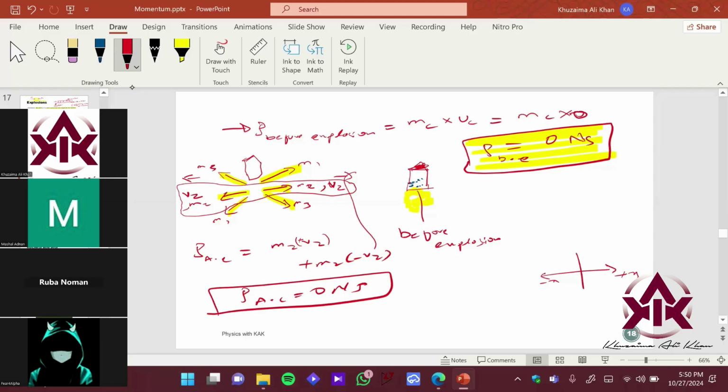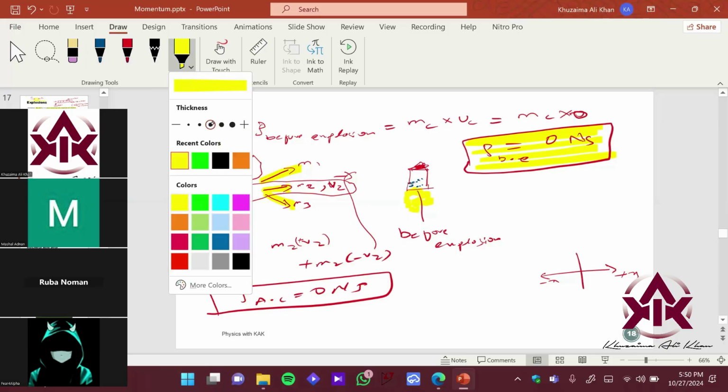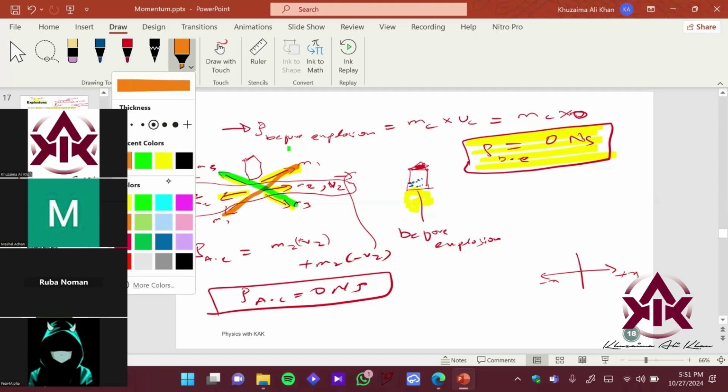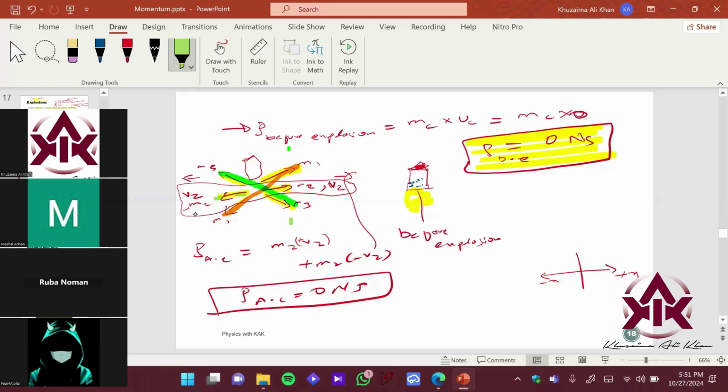So particles spread out uniformly in opposite directions, right? This is one pair, this is another pair, and we have another pair which is this, right? So particles are spreading in opposite directions with the same velocities, which makes sure your final momentum after explosion is also 0 Newton second, right?